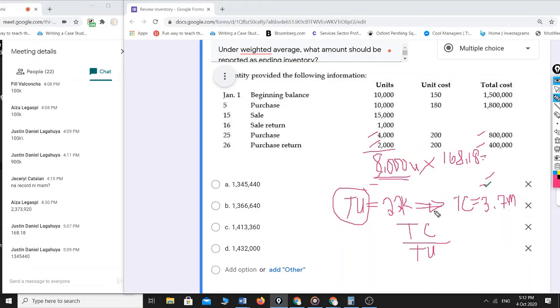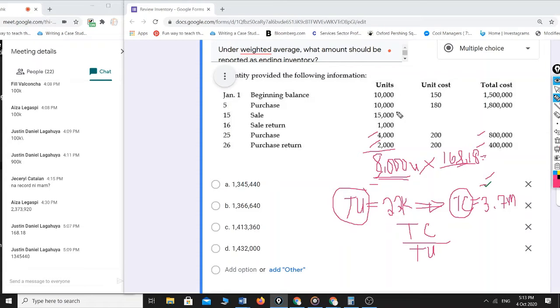Next is pila ang total cost atong related nga total units. And then you divide. Once you divide that one, you will come up with the average cost per unit, and then you multiply that cost to the ending inventory units.